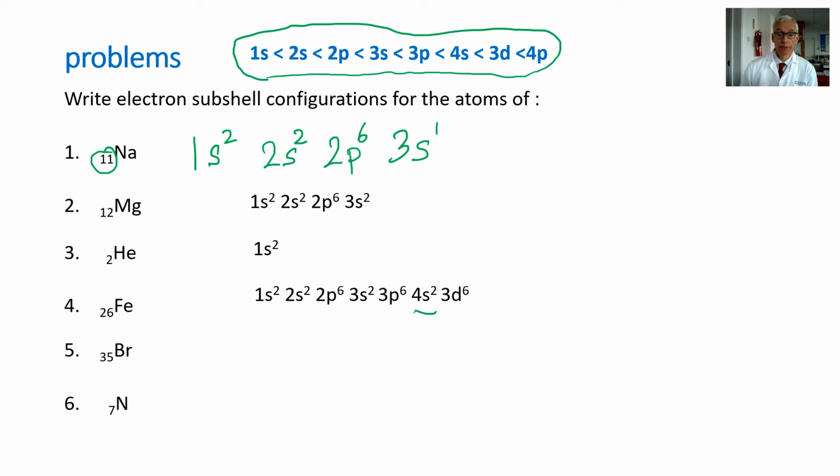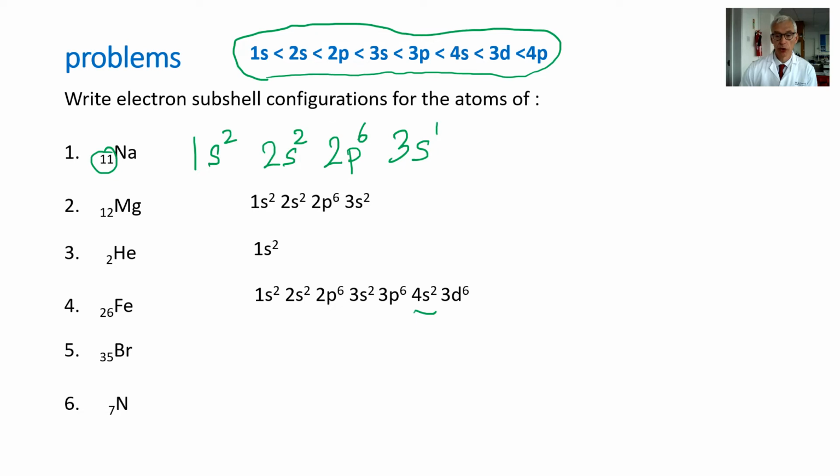We've got 6 electrons left over to place into the 3d subshell, which I might remind you has a capacity of 10. So all the subshells are filled up to 4s2, and then the 6 remaining electrons go into the 3d subshell, which is partially filled.